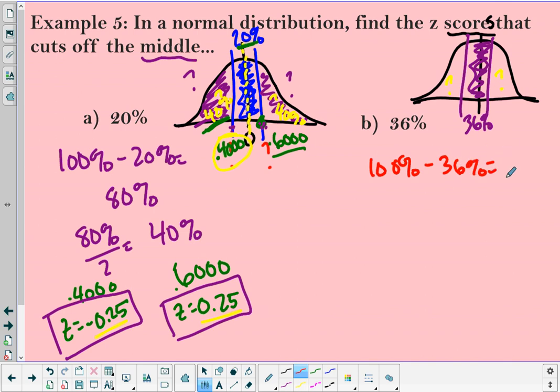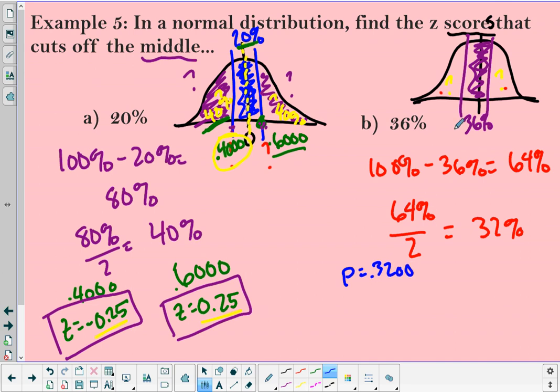How much is left? 100% minus 36% is 64%. Sorry, it took me a second there. So 64% of the data is what you're cutting off. Now, 64% of the data gets cut in half because half of it's here and half of it's there. So 64% divided by 2 is 32%. So you want a p-value of 0.3200 for this one.